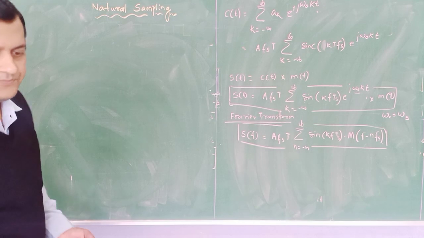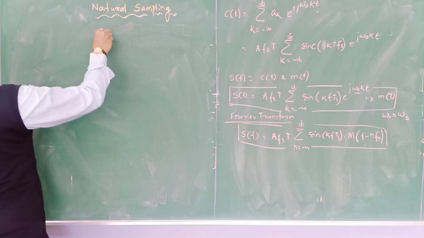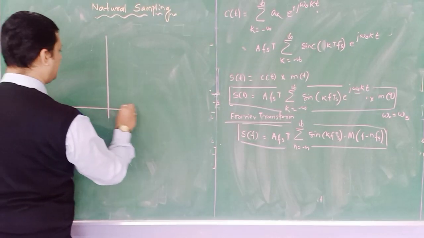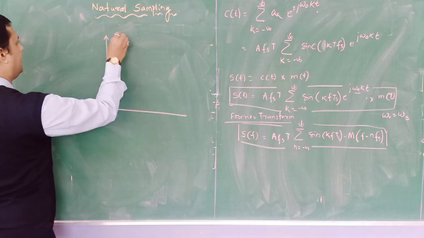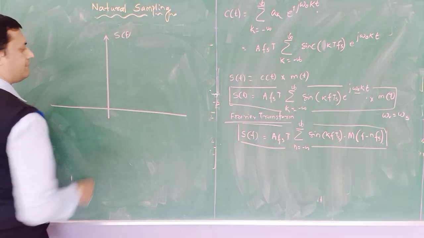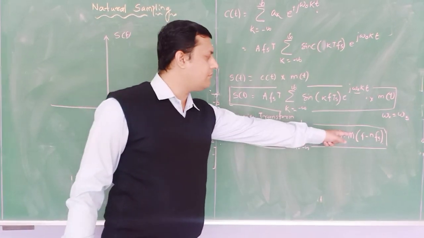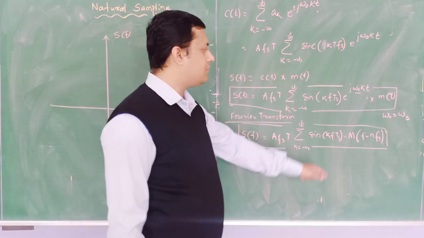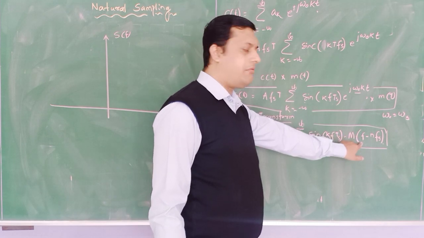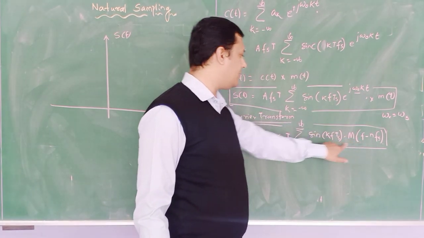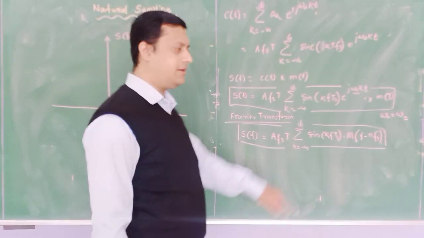Let's see. So this is my s of f. When I substitute n equals 0, it will become m of f, and the rest as it is. So it is a sinc function.